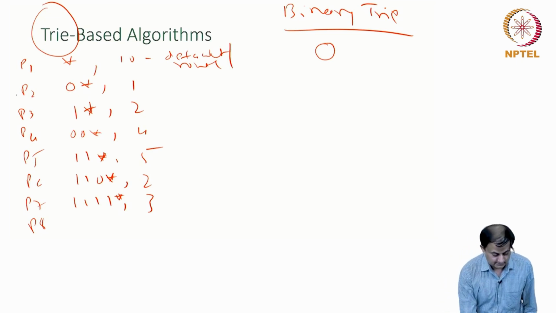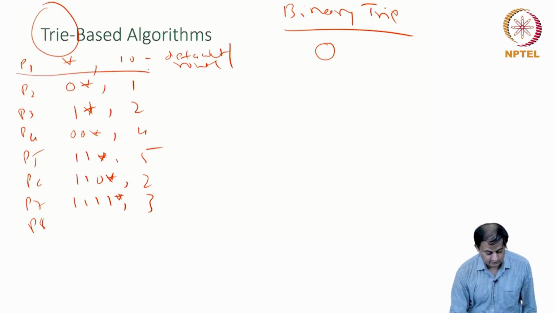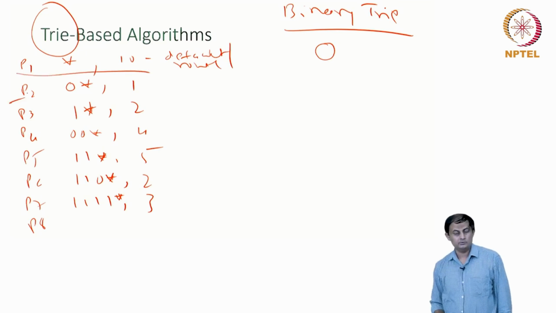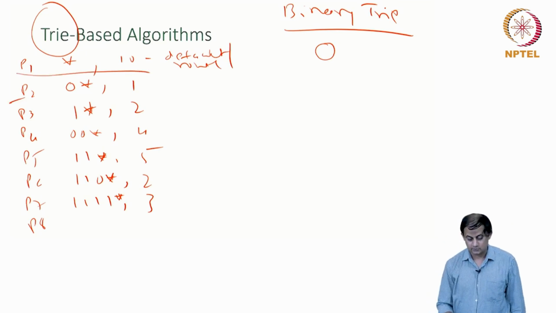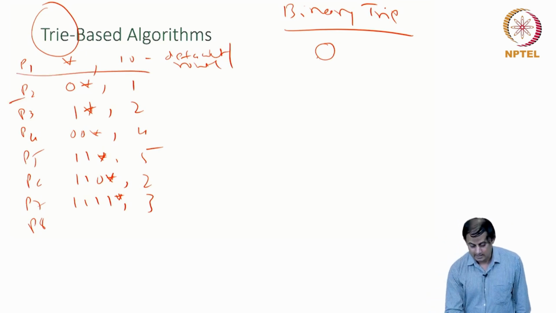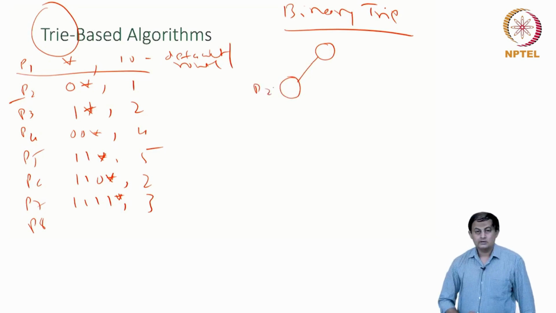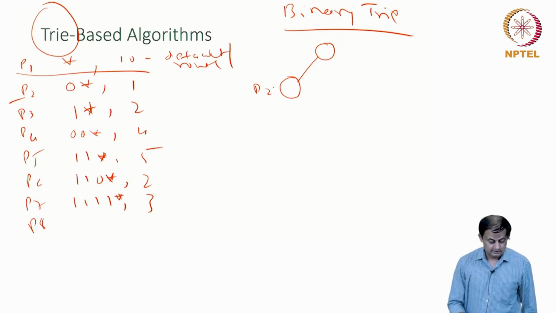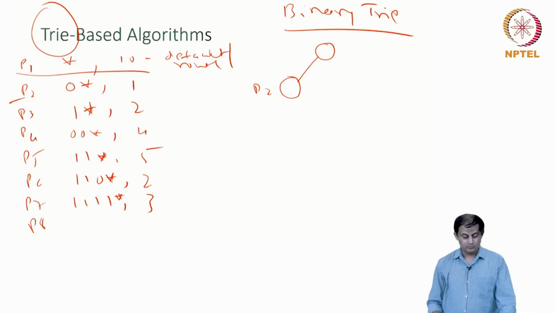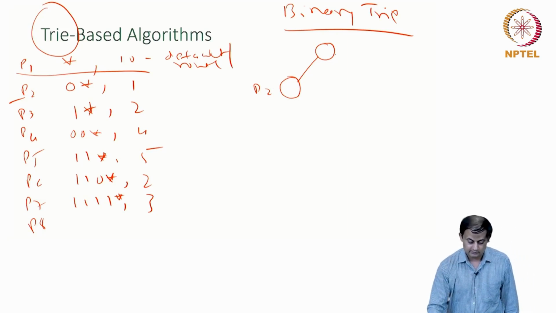So let's take this for the time being. Let's ignore P1 and take P2. What it says is 0 star, so I am going to add a left child to this root node. This is my P2. The third one, P3, is saying 1 star. I start with the root node, and then this is 0, this is 1, and I add a node here.